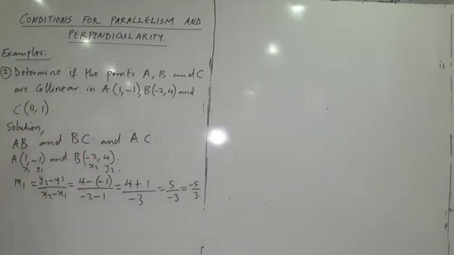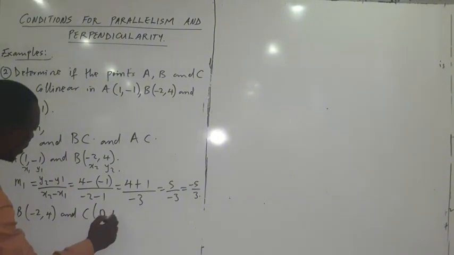So our m1 is minus 5 over 3. That is the gradient on the line AB. So let's look for the gradient of BC. B is of coordinate minus 2, comma 4, and C is of coordinate 0, comma 1.